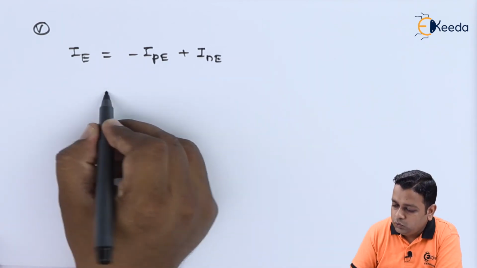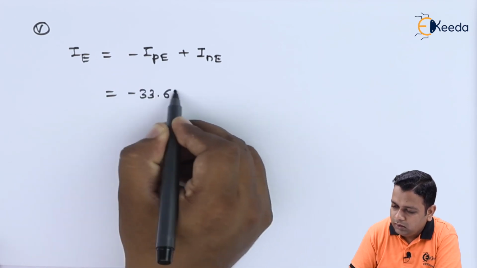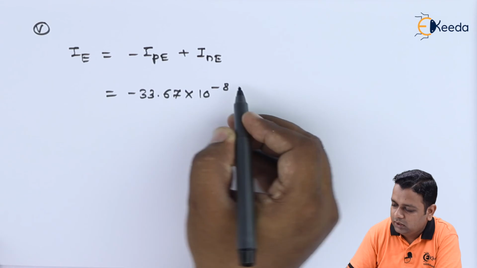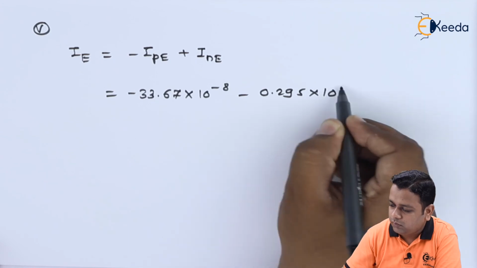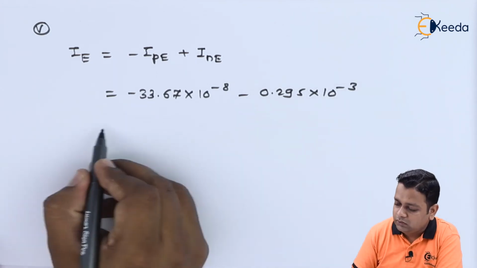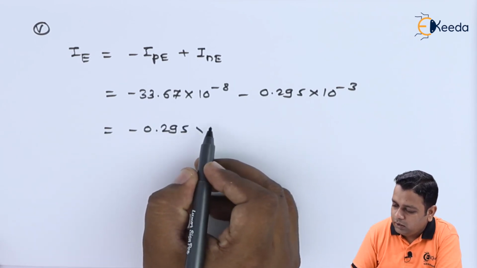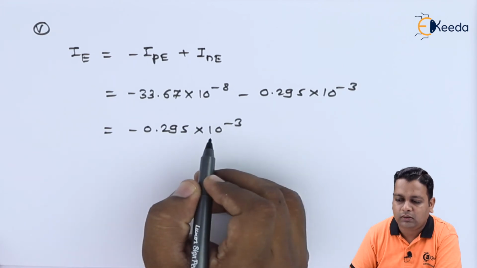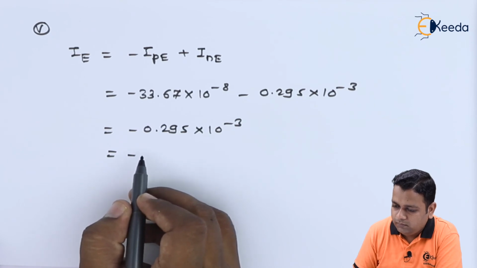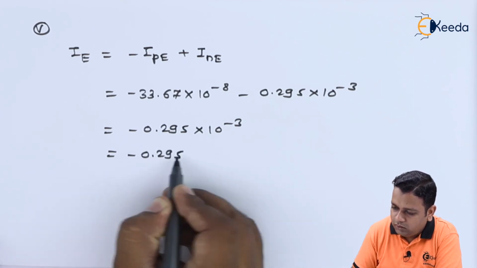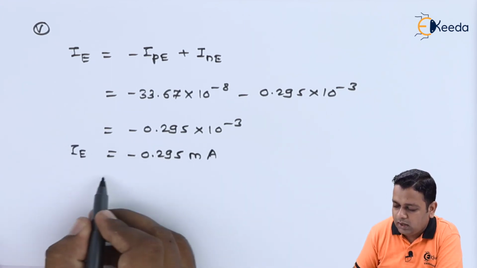The two values we put here, so it will be minus 33.67 into 10 raised to power minus 8, and minus 0.295 into 10 raised to power minus 3. So this gives the answer minus 0.295 into 10 raised to the power minus 3. So we put it as minus 0.295 milliamperes as the answer for emitter current IE.